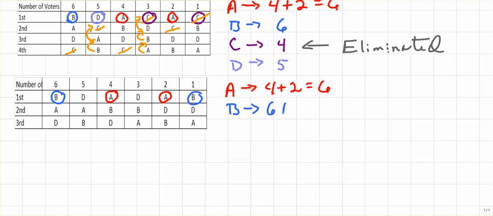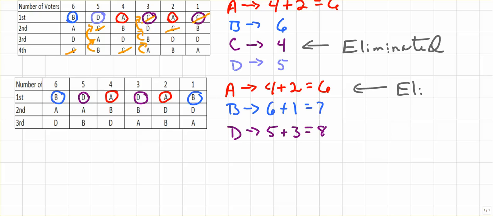So that will be 6 plus 1, which means B has 7 first place votes. And then we will talk about D. And D now is in the enviable position of having 8 first place votes. And so when we look at these, we see that A has the least number, so A must be eliminated.